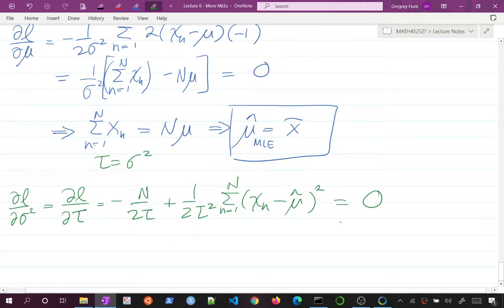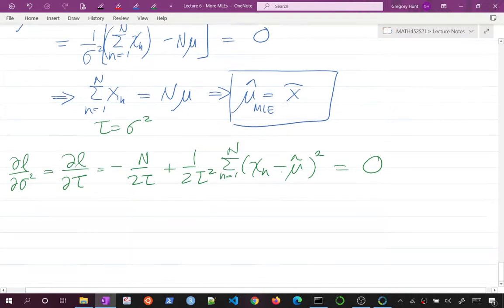In order to solve the system, you isolate one and plug it into the other, which is effectively what we're doing here. So we replace that with mu hat, or x bar equivalently. Doesn't really matter. And now we just need to solve for tau.